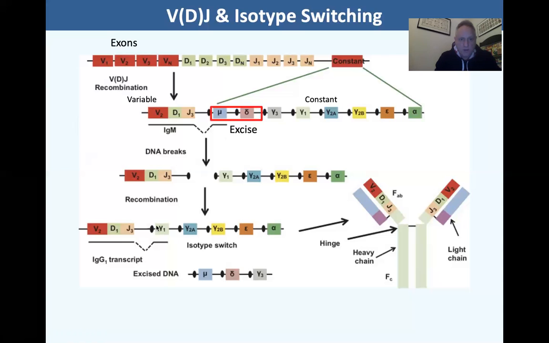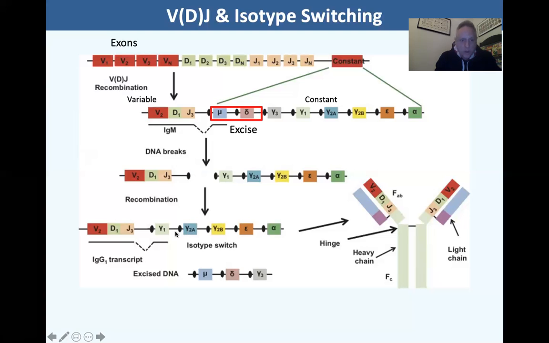So this boxed region right here gets cut out. And as a consequence, you lose this information and you juxtapose the gamma 1 sequence next to the actual variable region over here. And what you're seeing then is that you're putting this light green gamma 1 in position here.